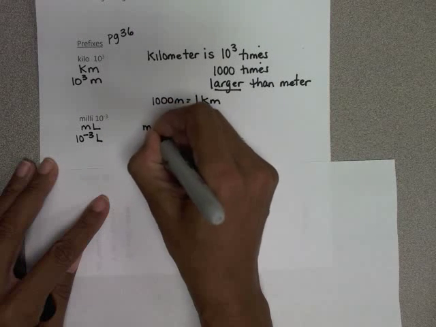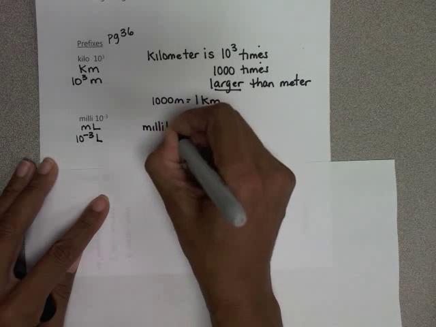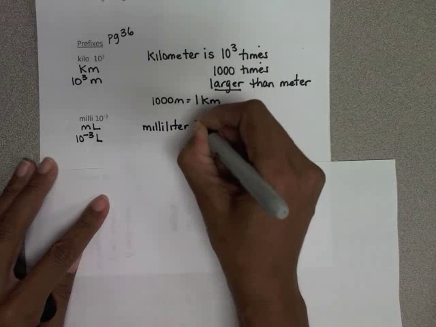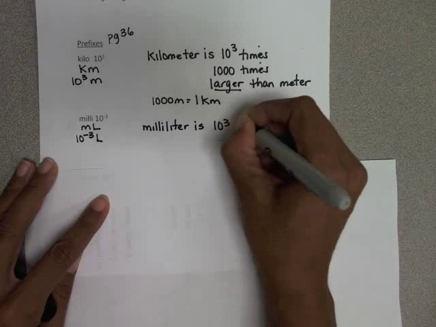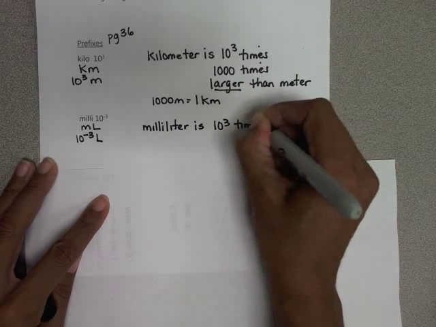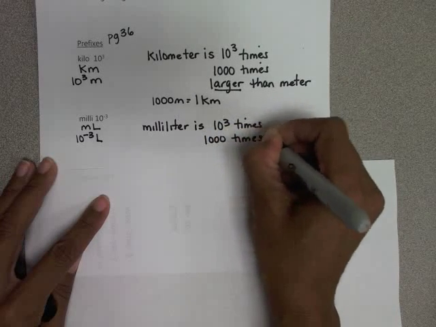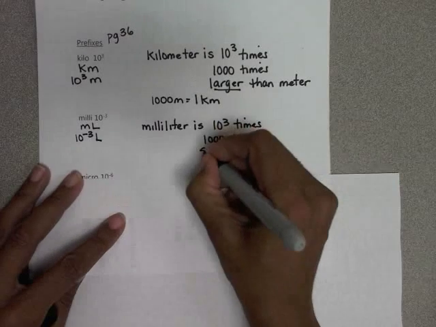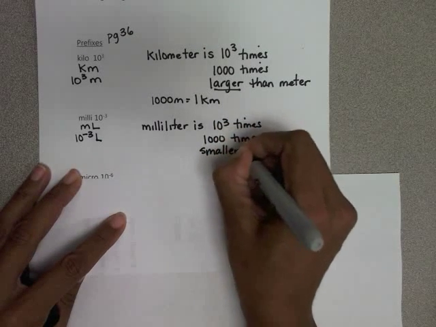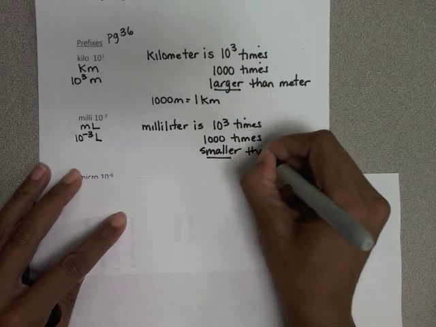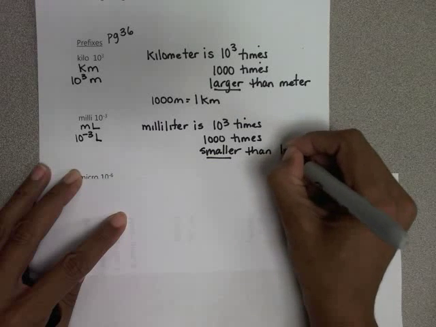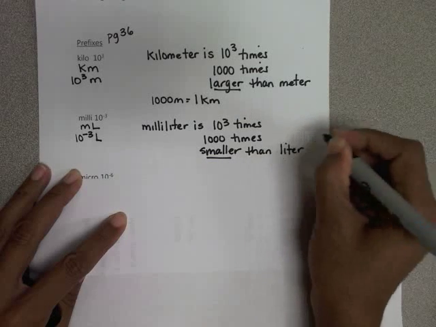And a milliliter is 10 to the third times, or 1,000 times smaller than the base unit liter.